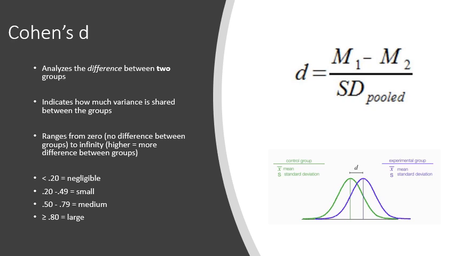So what we're seeing here in the picture to the right with the green and the blue distributions is that there's a difference between these 2 distributions, and the difference between them is normalized as D, or otherwise known as Cohen's d.